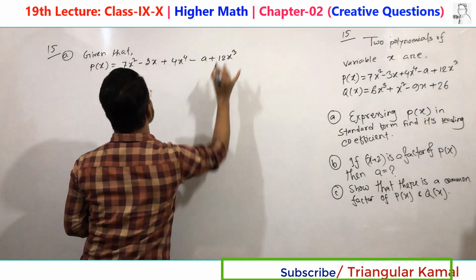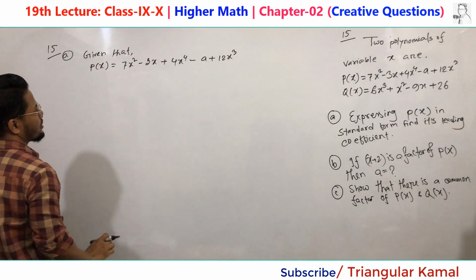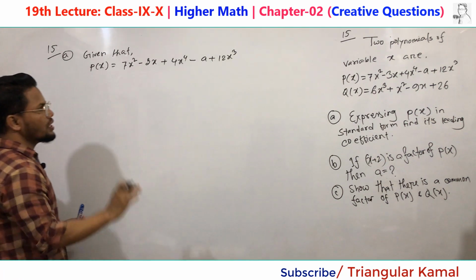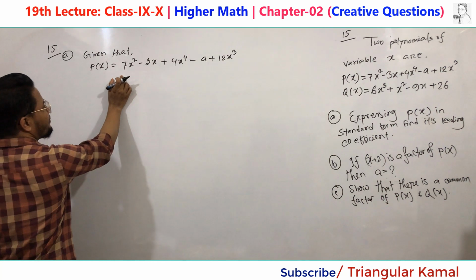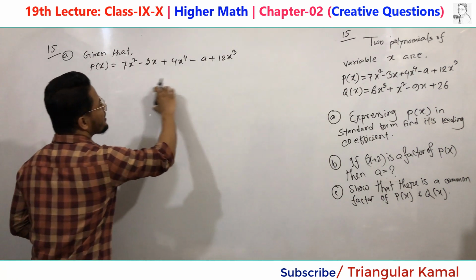12x cube. First assume this is a function whose variable is x, and secondly we see this is not in standard form. We know in standard form leading power will be first. That means the power of the variable will be in descending order.